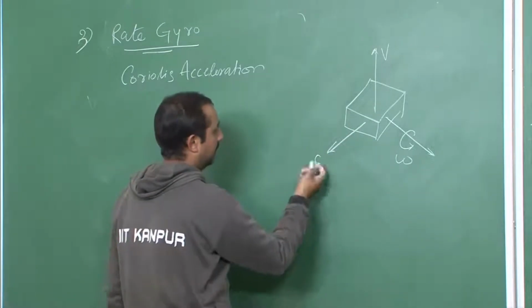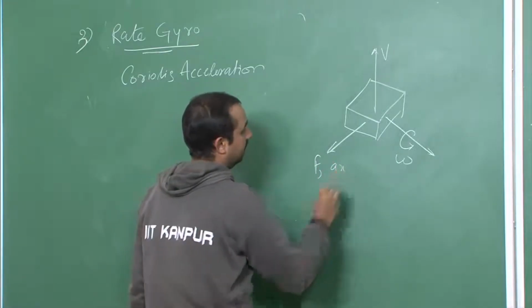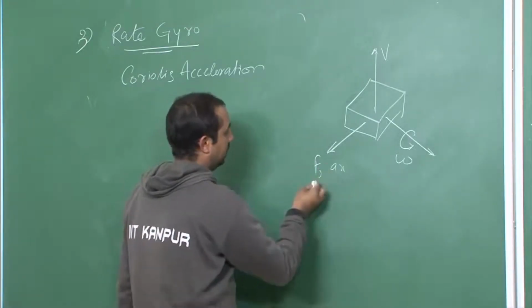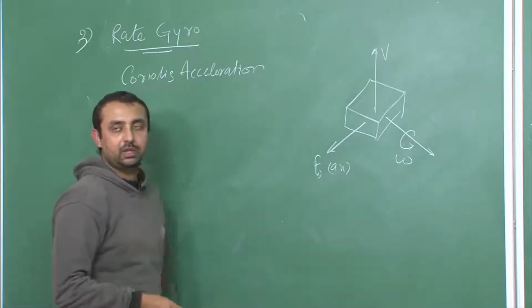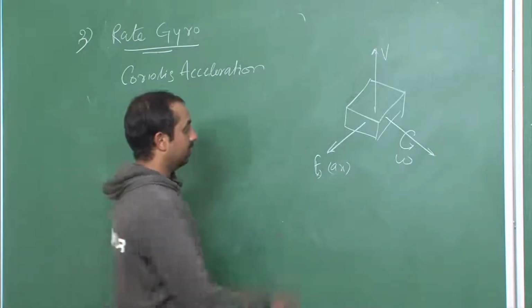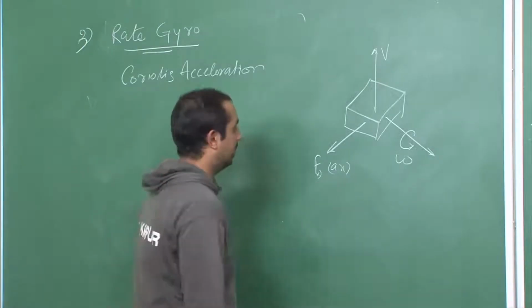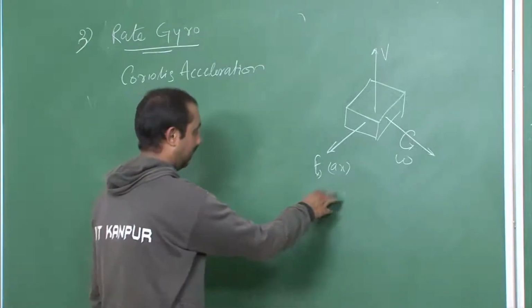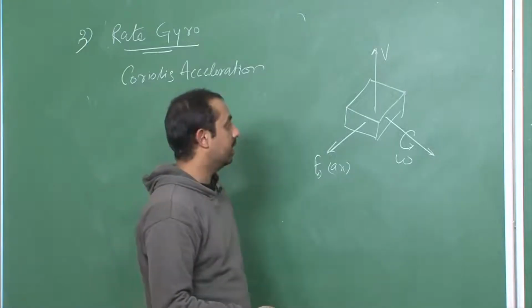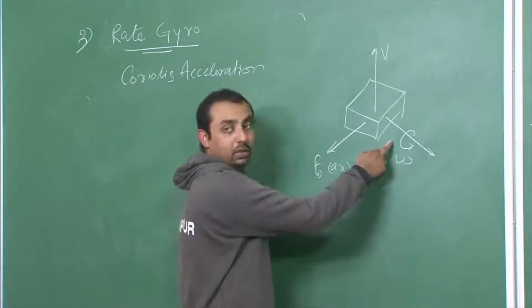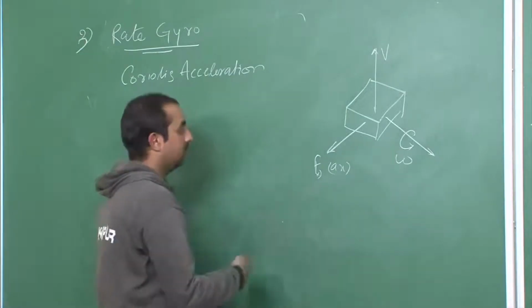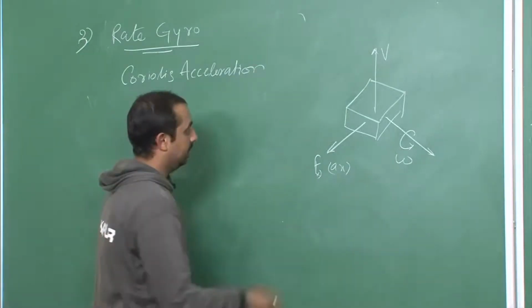Suppose this is x direction, then this will be acceleration in x direction or force experienced in x direction. Now once this force is experienced, the principle behind calculating the voltage corresponding to this angular motion, what will be the force, that you can calibrate. The principle will be the same.